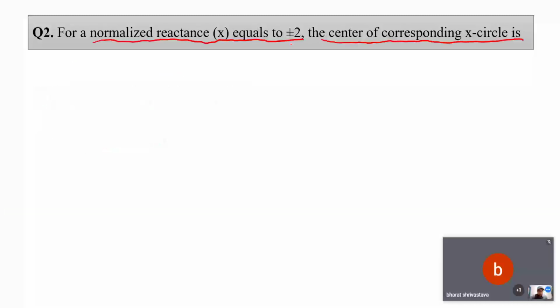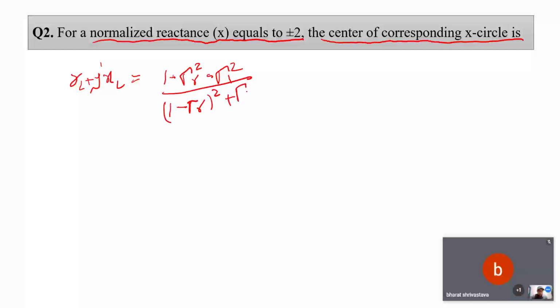After normalizing, you have seen that r plus jx is defined as (1 minus gamma r square minus gamma I square) over ((1 minus gamma r) square plus gamma I square) plus j 2 gamma I over ((1 minus gamma r) square plus gamma I square).